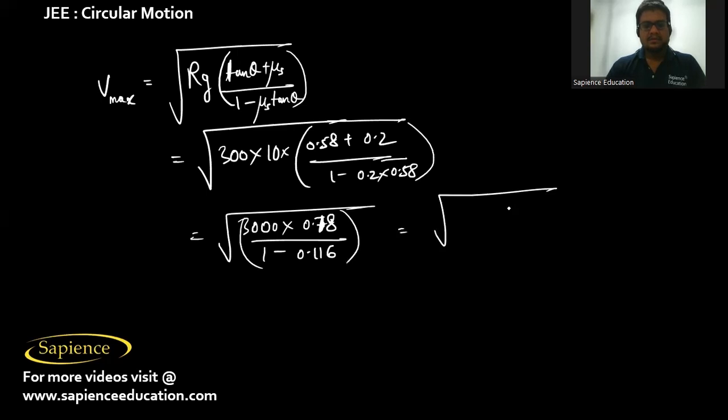So this will be square root of 30 into 78 by 1 minus 0.116, that is 0.884. 30 into 78 is 2340 divided by 0.884, then its square root.